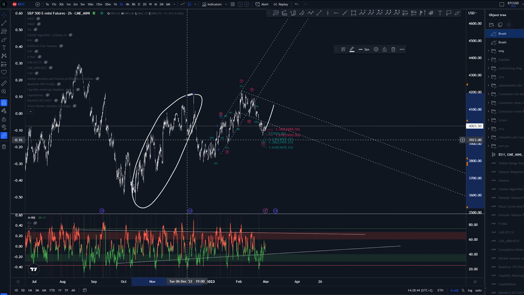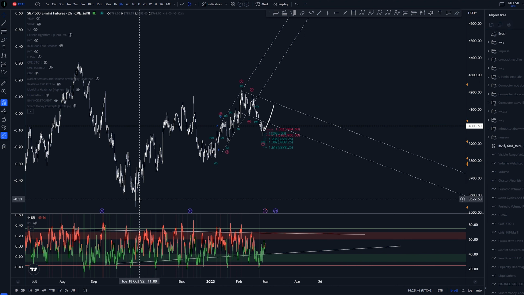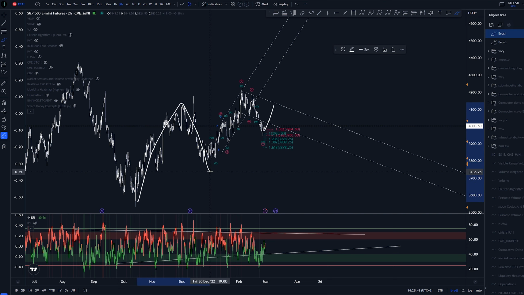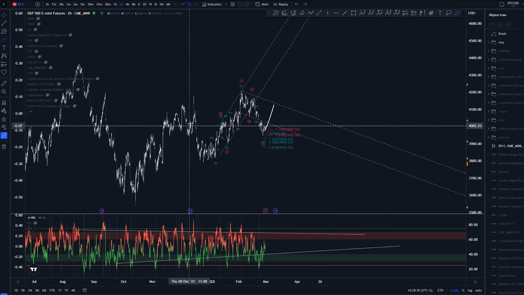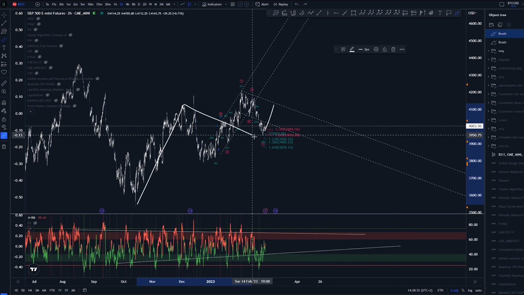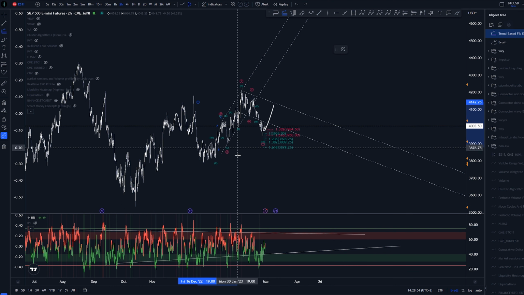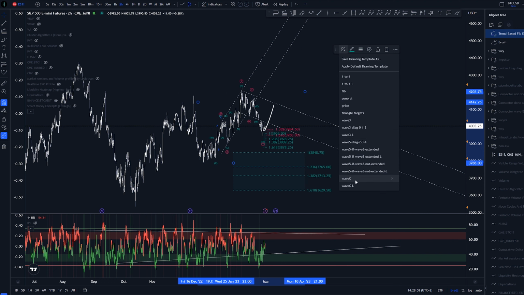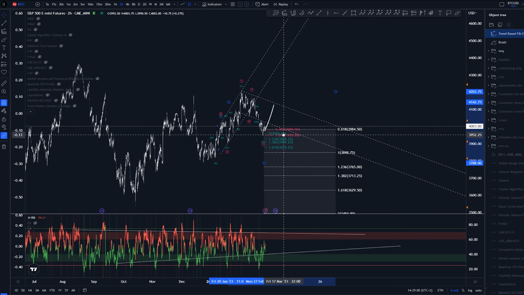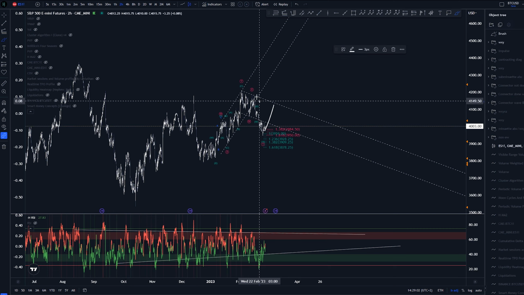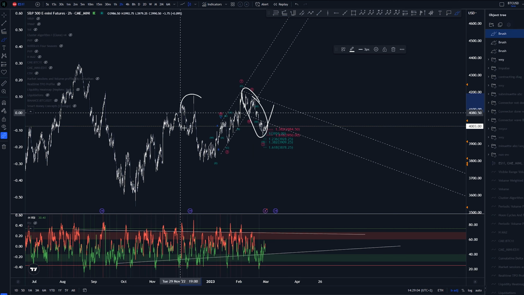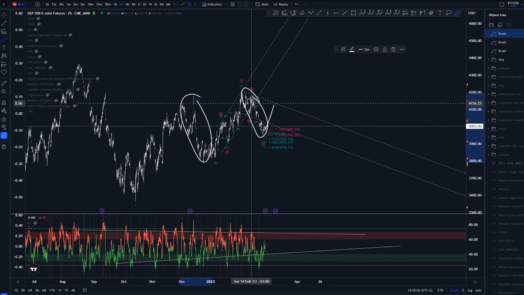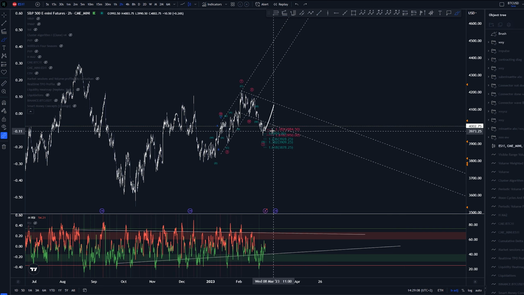Again, we had the impulse wave structure possibility there as well, being the wave A, B, and then C. We have already retraced or extended to the 0.618, I believe, here. Yeah, we have. So the minimum extension for this leg, comparing it to this one, is already managed and touched. So we can continue the previous trend already.